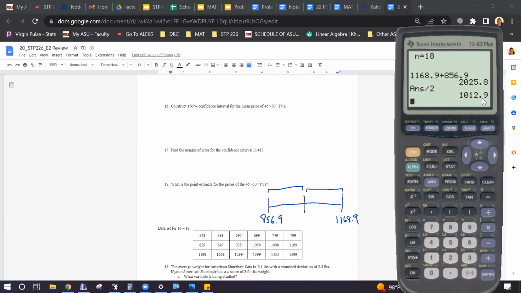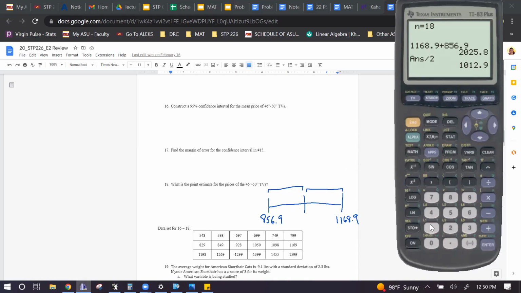I found 1168.9 minus 856.9. That's the distance between them, and then half, because the margin of error is only half of that, one going up and one going down. So the error equals 156 here, and the error equals 156 here.